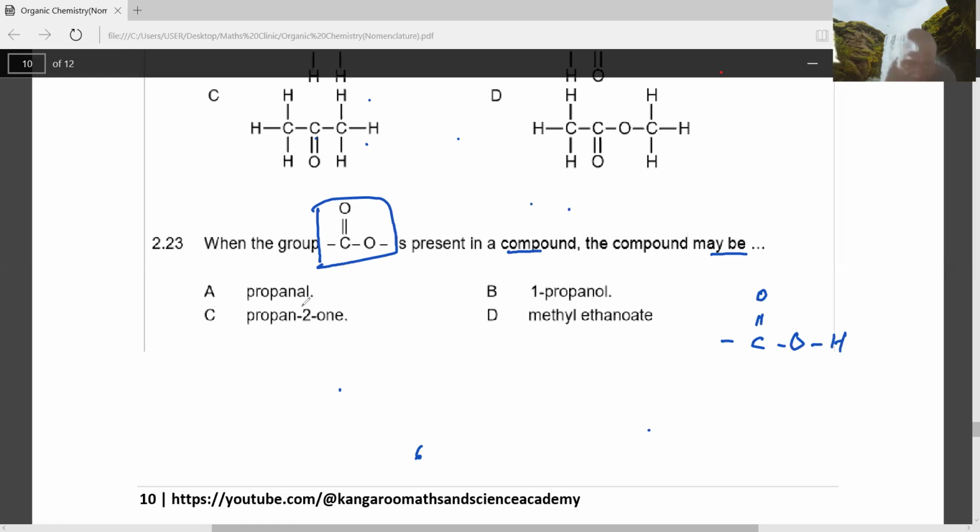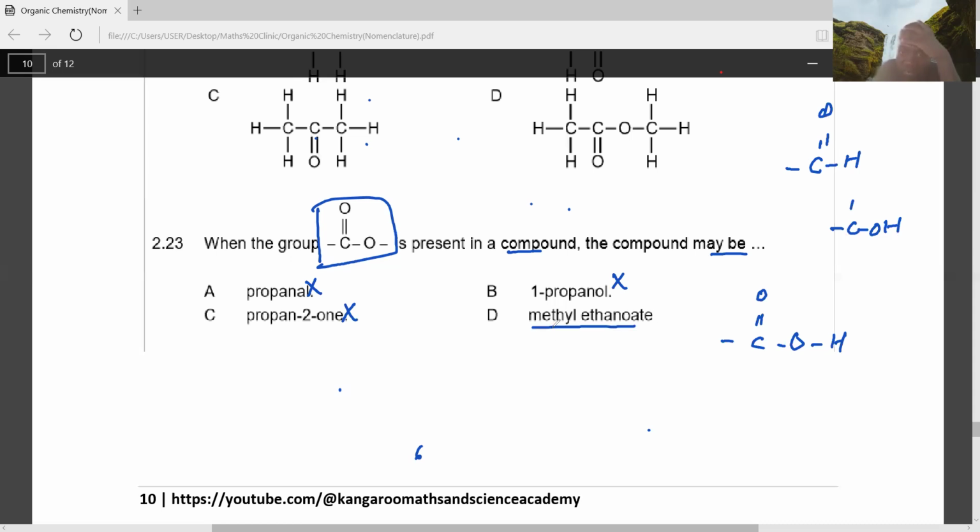But do you have a carboxylic acid here? No, we do not have a carboxylic acid. It wouldn't be propanol. It's an aldehyde, and with an aldehyde, it's just carbonyl with the H. So it's out. Even ketone is out. Even propanol, it's out, because with an alcohol, it's a carbon with OH. So obviously, it should be an ester.